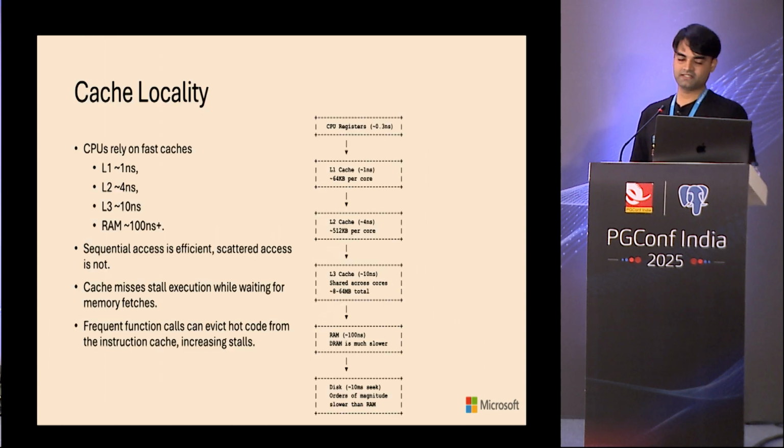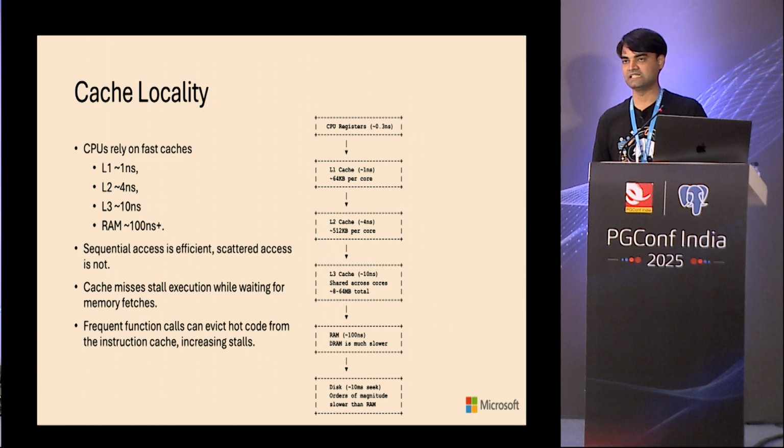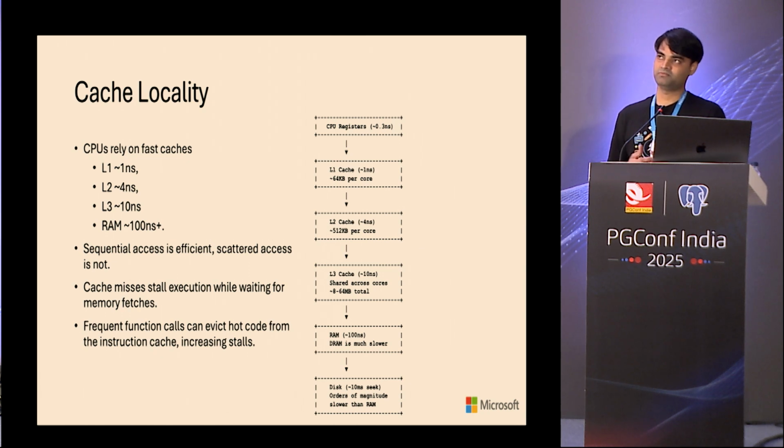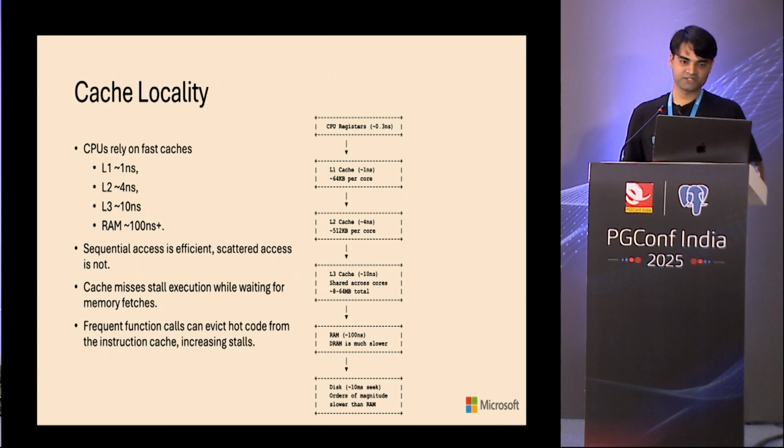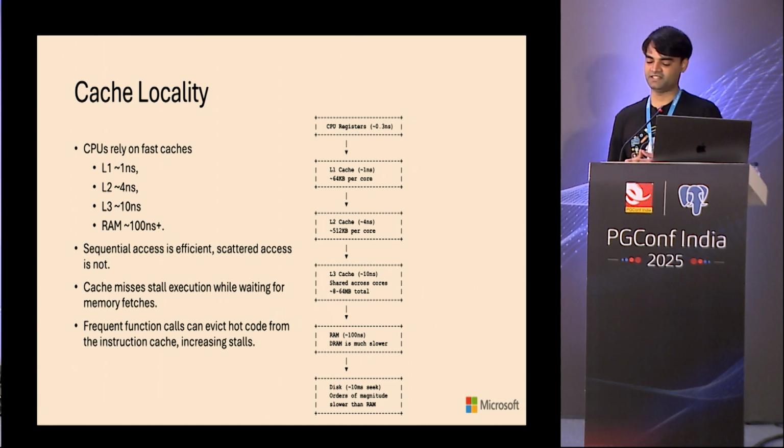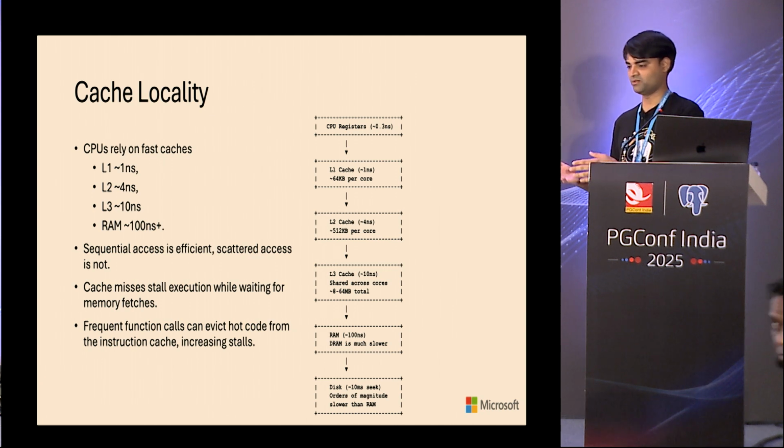Okay, so first I'd like to talk about some of the hardware optimizations that are implemented on CPU chips. The first aspect is cache locality. You might be aware of caches in software: memory is faster than disk, and SSDs are faster than magnetic disks.